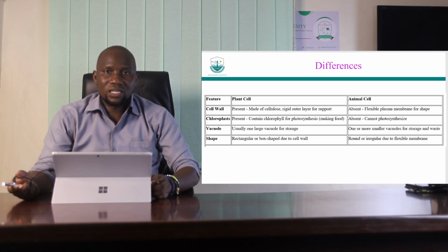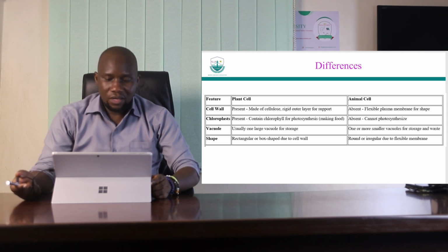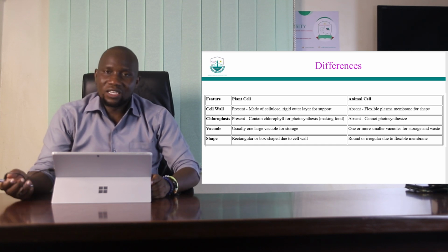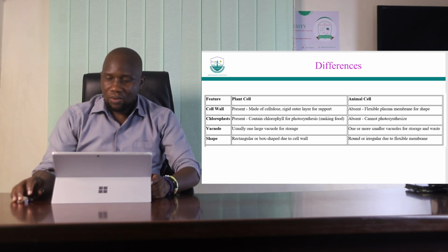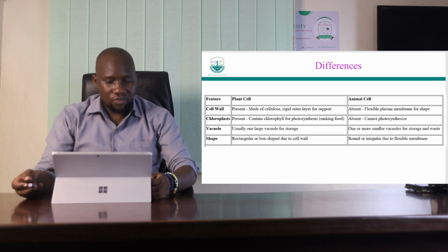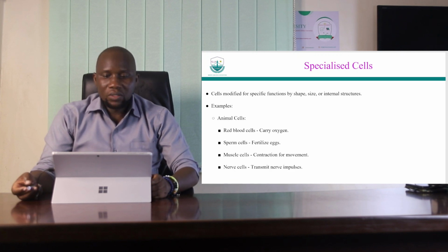And because the plant cell has the cell wall, it has a rectangular shape, but an animal cell is often round or irregular because of a flexible membrane.